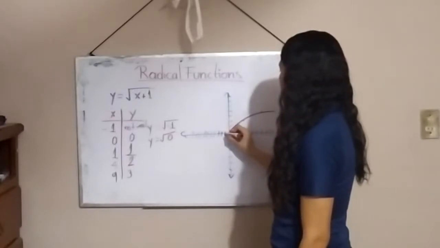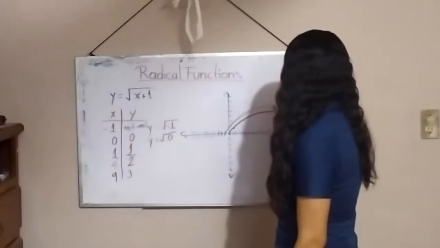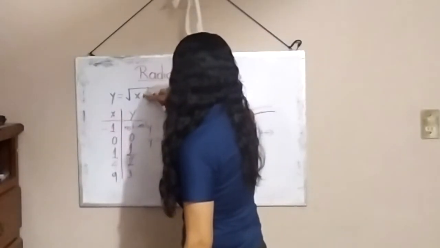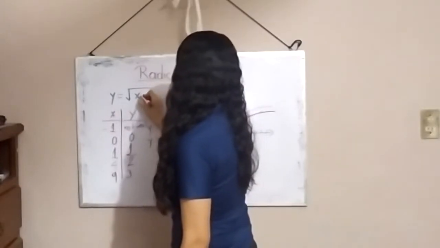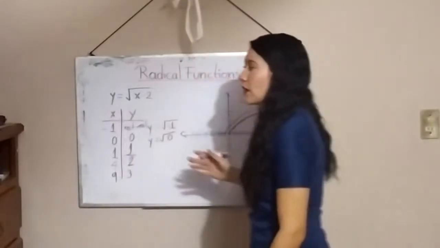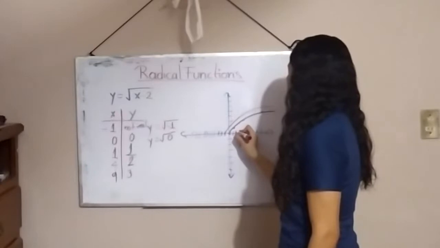It would start in here and go this way. If we subtracted 2, we would be shifting the graph to the right. We would move it 2 places to the right.